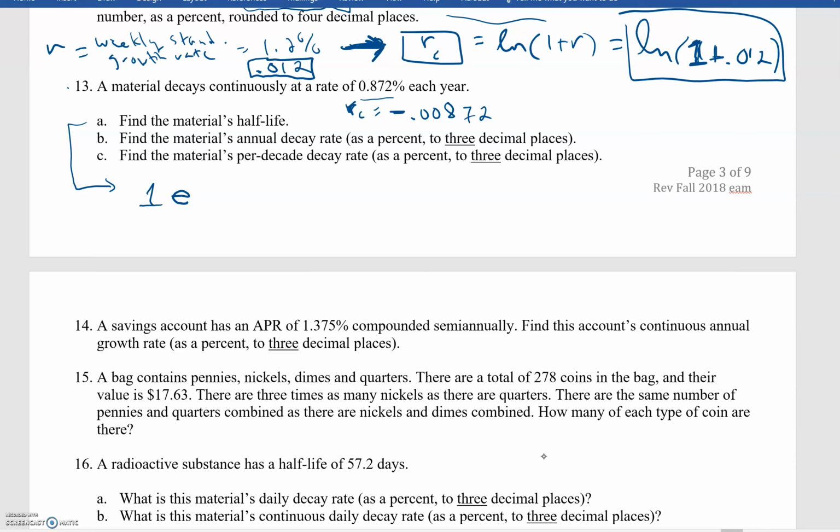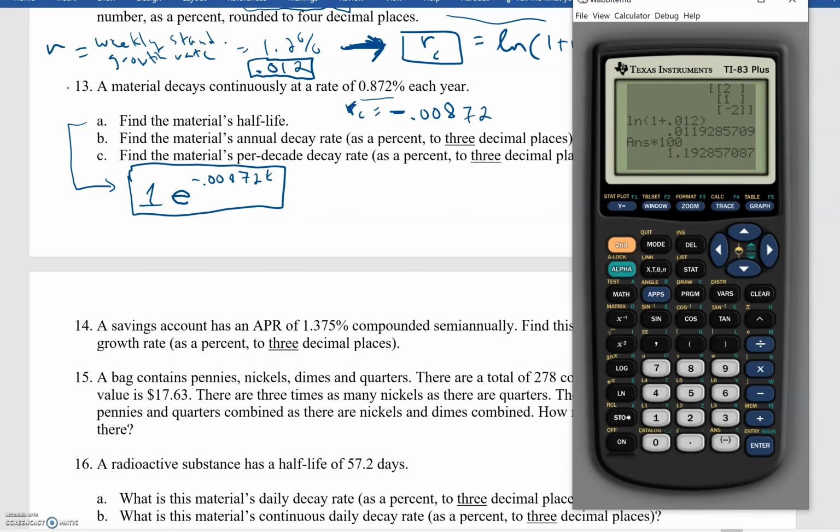So this is e raised to the negative 0.00872t. That's my function. Okay. To find the half-life, I just want to know how long it takes this to get to 1/2, because my initial amount was 1. And so we want to know how long it takes to get to 1/2, which will be a calc intersect question.